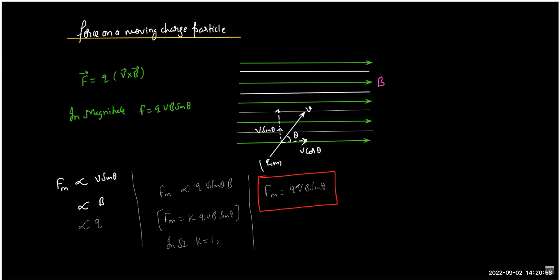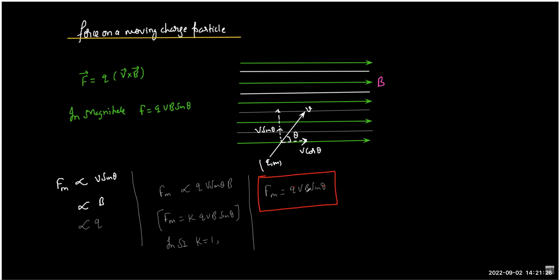What really matters is that the charge must be intercepting the field lines, and if it is not intercepting, there is no force. Imagine you have an infinitely long straight conductor carrying some current, and a charged particle is orbiting the wire in a circular path. What do you expect? Will it experience any force?